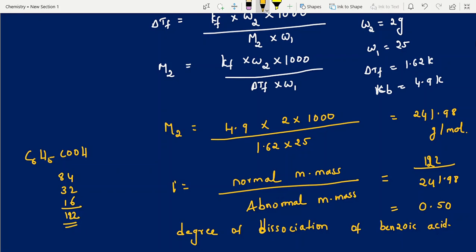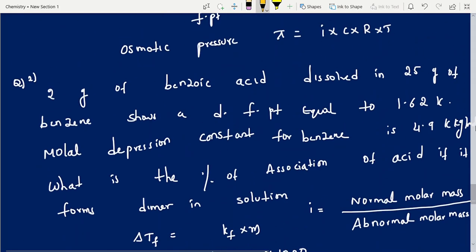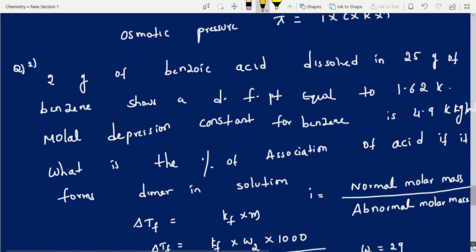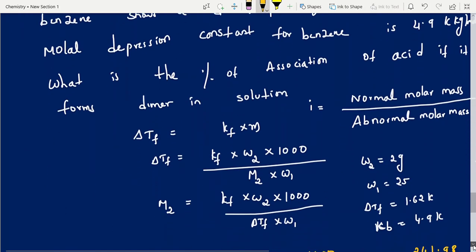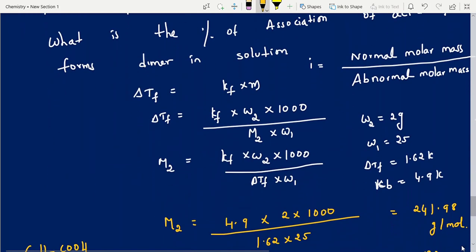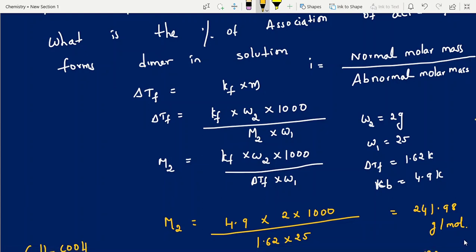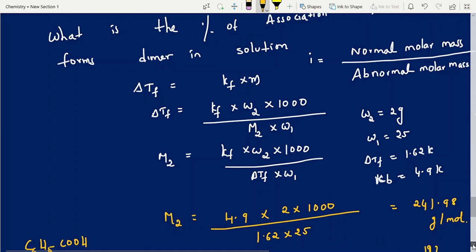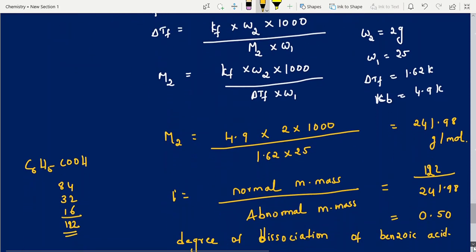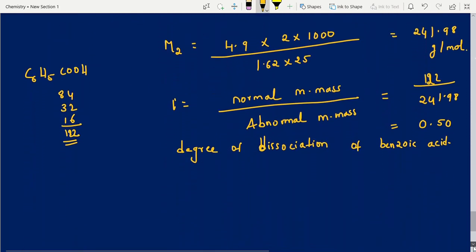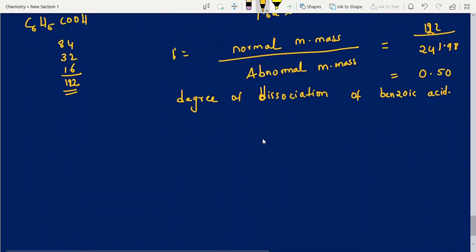So alpha. i equals, what is this formula?